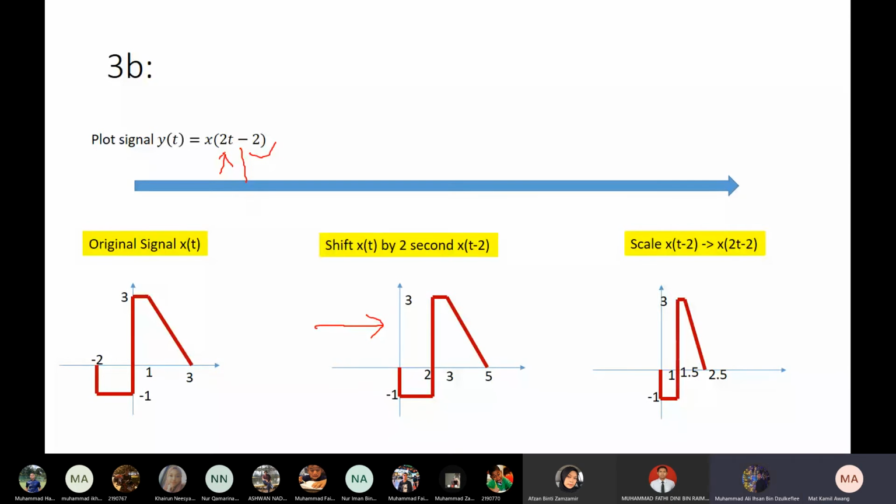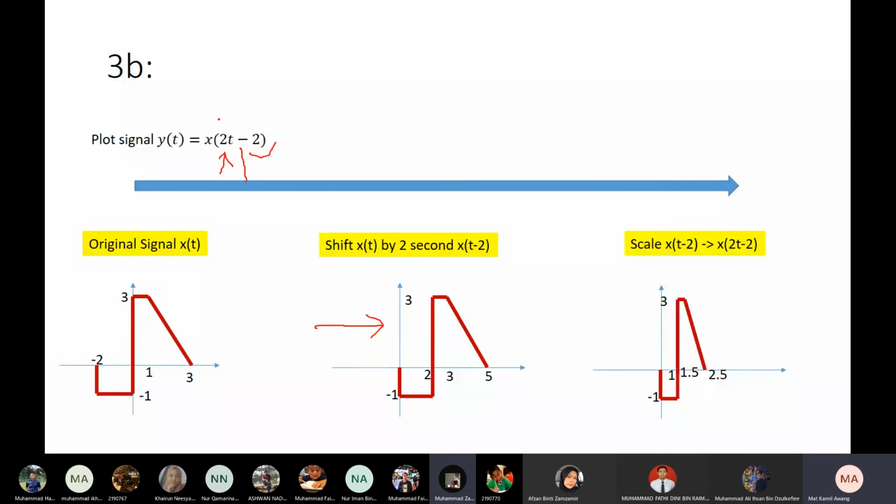After that, you have to scale by 2. A is equal to 2, so A is greater than 1. Therefore, it has to be compressed. Compressed by how many?